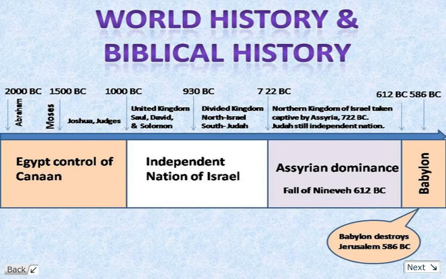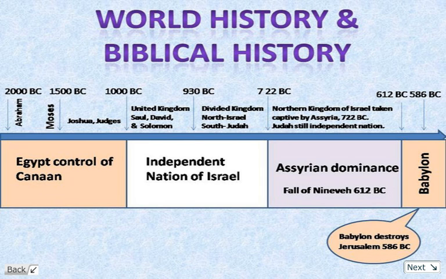Here we have a great overview of world history and biblical history. And there's some key dates here to remember. Around 2000 BC, we have Abraham, and Egypt is in dominant control of Canaan at this time.